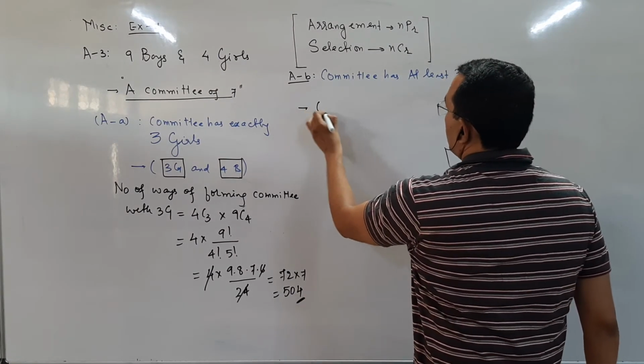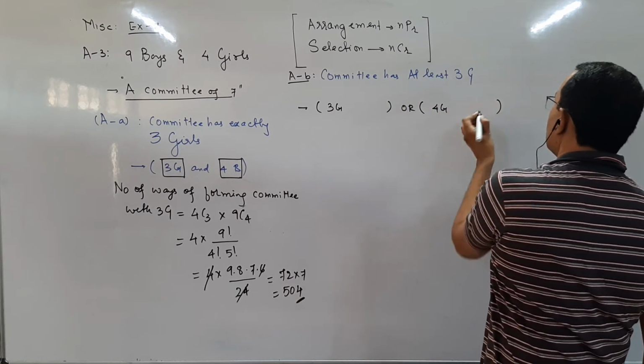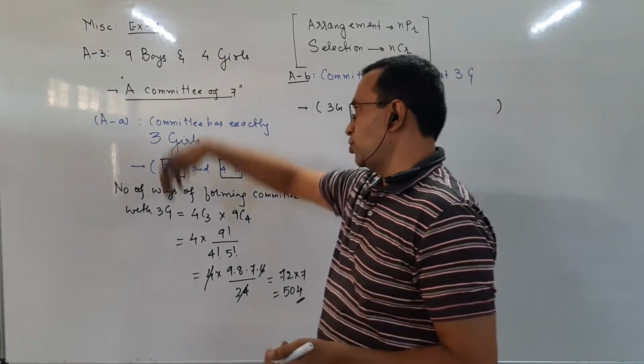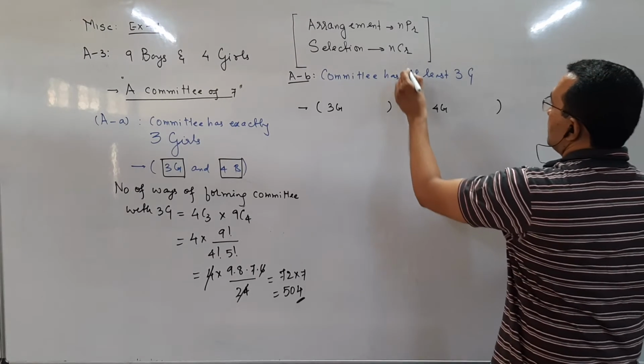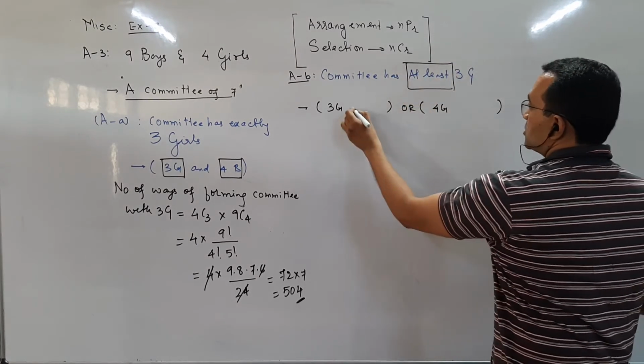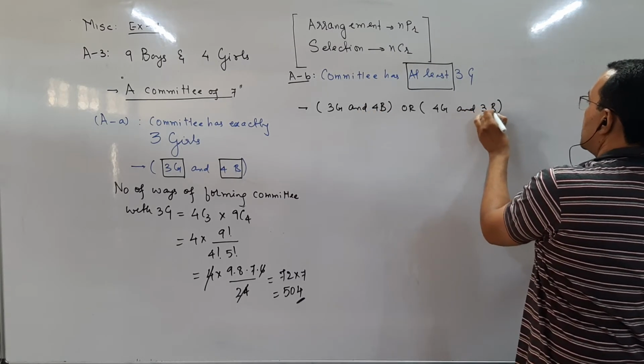Even we can have 5, but the total available girls are only 4. So as per our given data, there are 2 cases. The number of girls can be either 3 or 4 because it is told at least. So one must focus on at least meaning more than that is allowed, not less. So total must be 7. So boys here will be 4 and here boys will be 3.